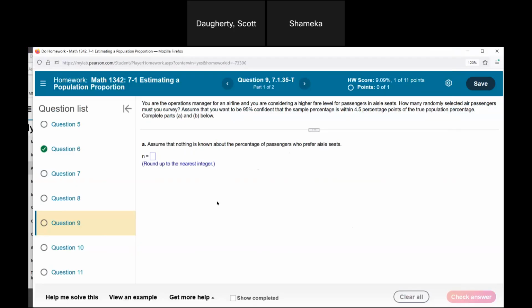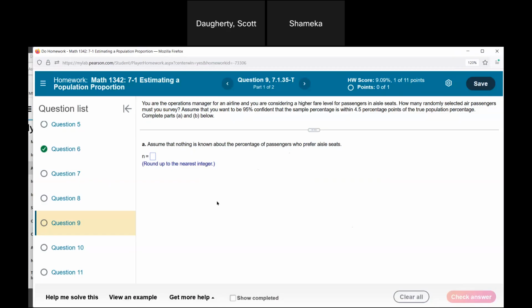So if you think about it in the real world, you need to know how big your sample is first, right? You have to decide how big of a sample to take. Here's a large population, and I'm trying to estimate the population proportion. I first have to decide how many people I'm going to sample from the population. So how do you determine that?